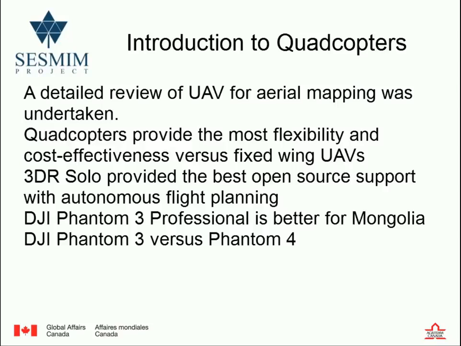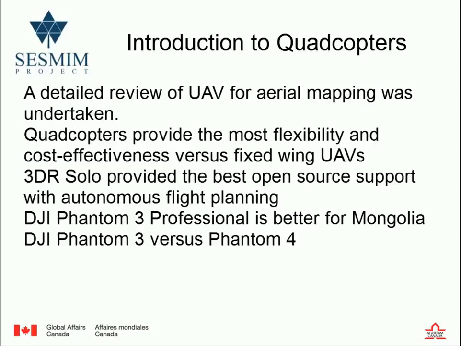At that time, the Phantom 4 came out. We did take a hard look at the Phantom 4 versus the Phantom 3 Professional. The Phantom 4 had a better camera, with more pixels: 20 megapixels versus 12 megapixels.